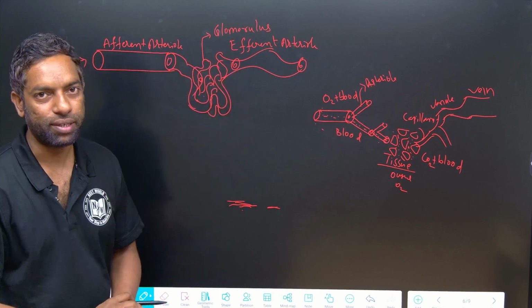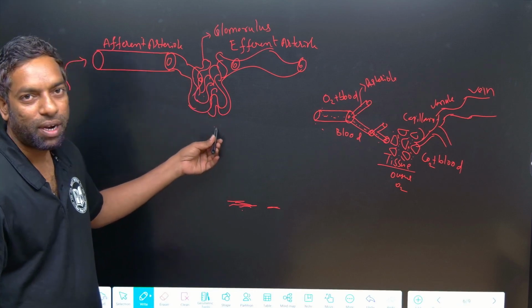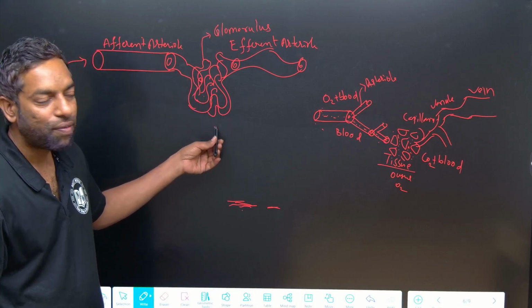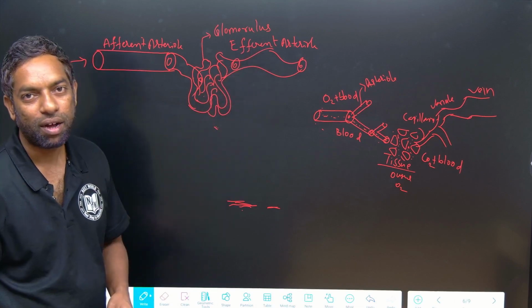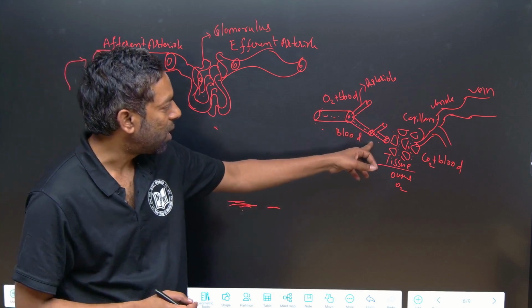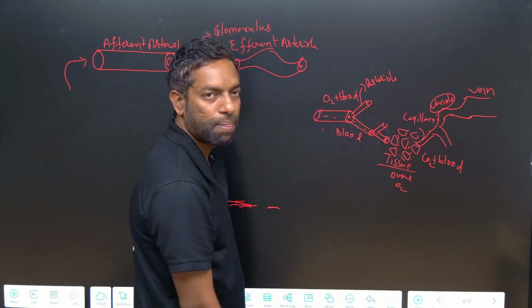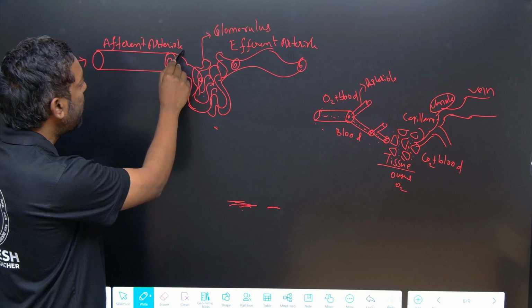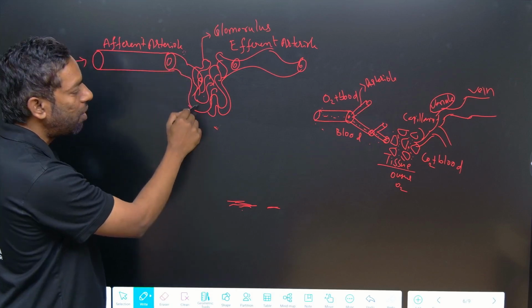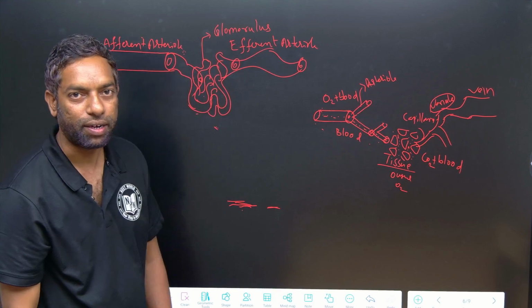But look at this: the afferent arteriole forms a capillary, and after the capillary an arteriole forms again, the efferent arteriole.